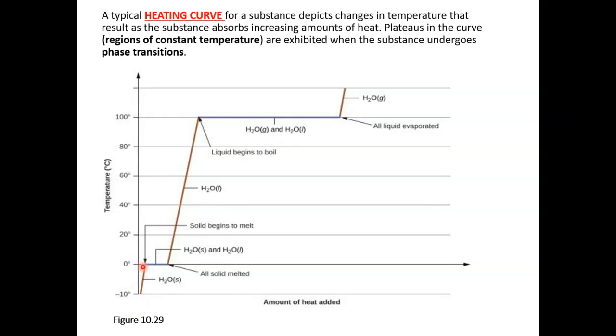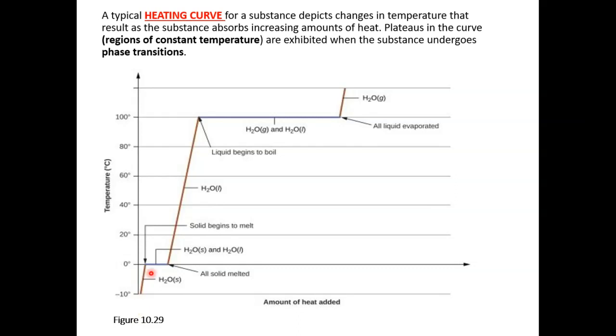Step 1 is calculate Q for the solid. Step 1, Q equals mass times specific heat capacity of ice, of solid water, right, times delta T. What's your delta T? What's your final and what's your initial when you're heating this solid water? -15 is your initial.